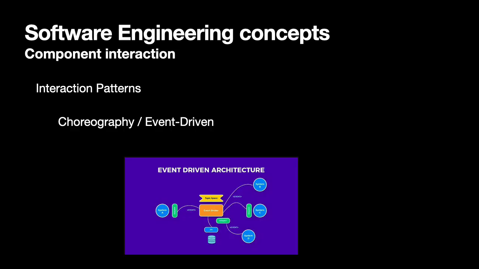Choreography, event-driven pattern, makes its communication through components that publish and subscribe to state updates asynchronously. This pattern is used in real-time monitoring and multi-agent simulation. As its key architectural feature, we can mention that it has high scalability and makes a fully decoupled system of components.